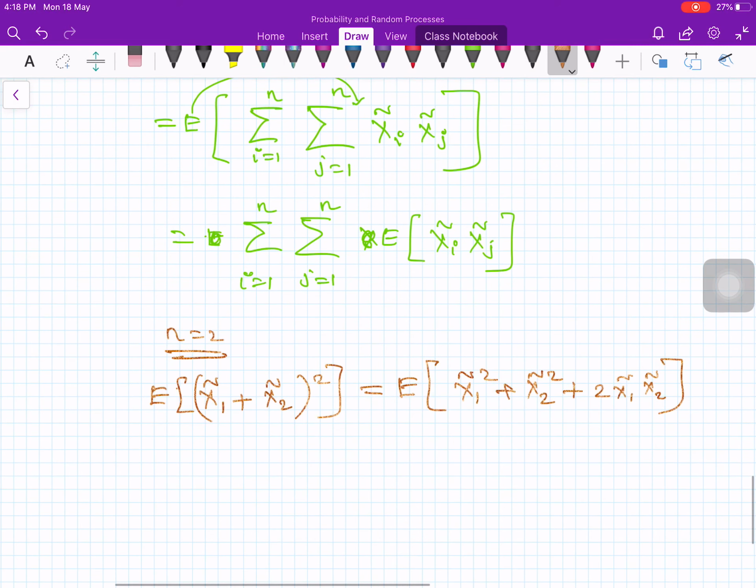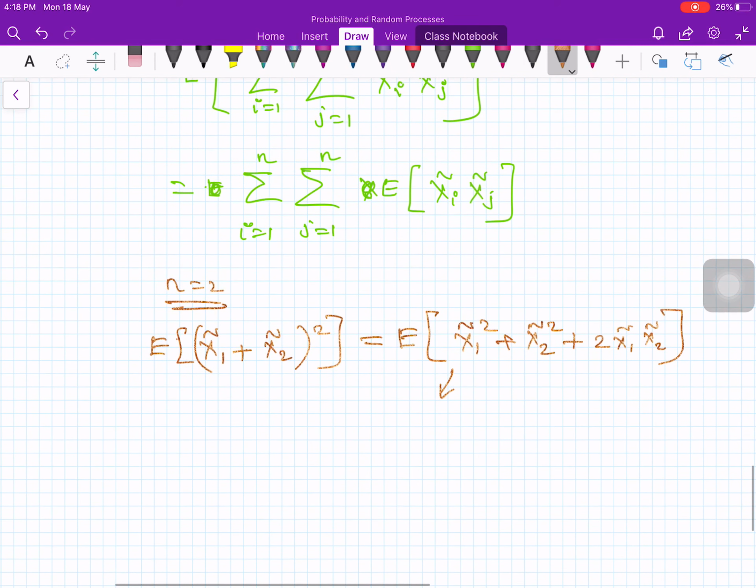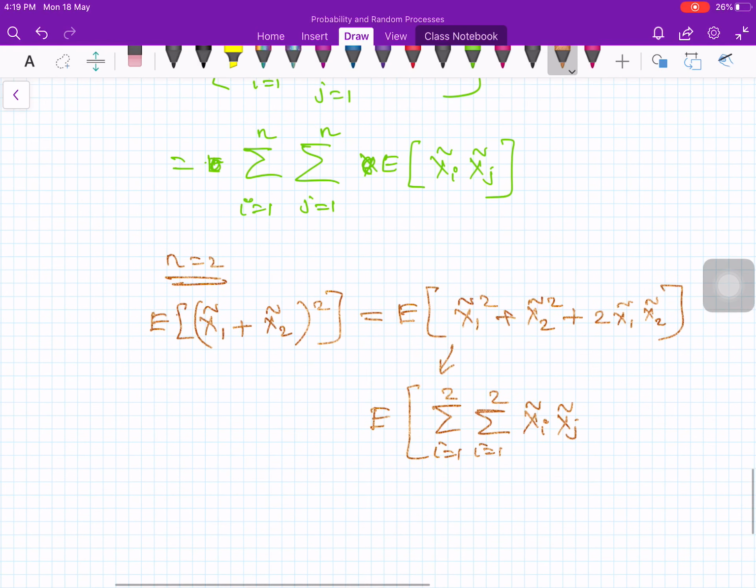So this can be written as expected value of double sigma, i equal to 1 to 2, j equal to 1 to 2, xi tilde xj tilde. Okay, now if you expand this summation, you will get back the same expression.